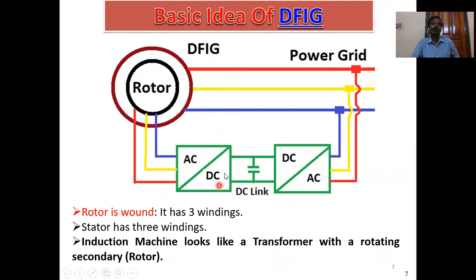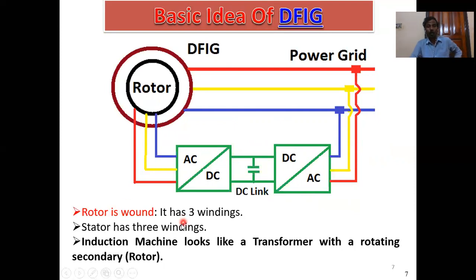This is an AC-DC converter, and the grid side is connected through a DC to AC converter or rectifier through a filter. And in this position, there is one DC link for balance purposes.